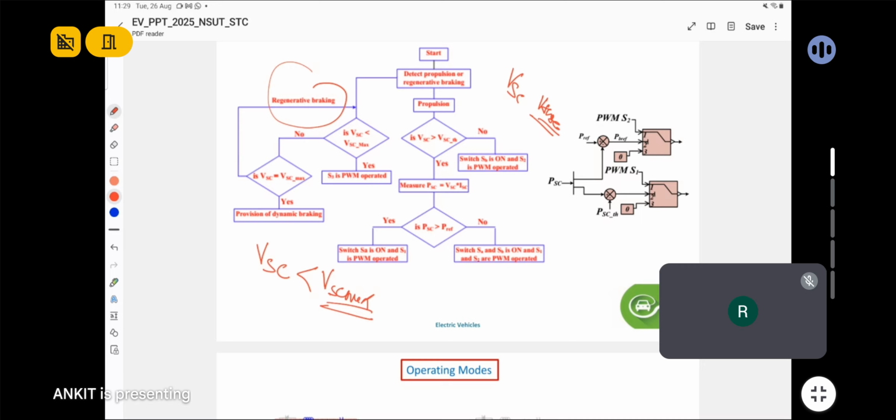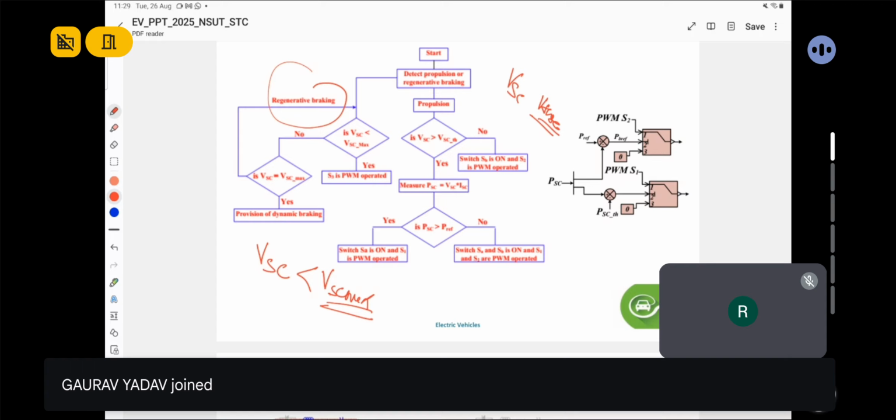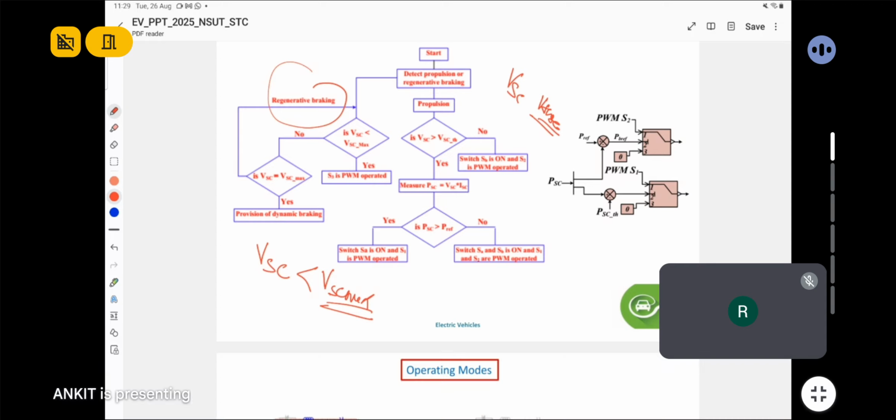In regenerative braking, much work is going on to avoid charging the battery, because frequent charging and discharging of the battery sacrifices its life. So a supercapacitor or ultracapacitor is used to recover the regenerative braking energy.